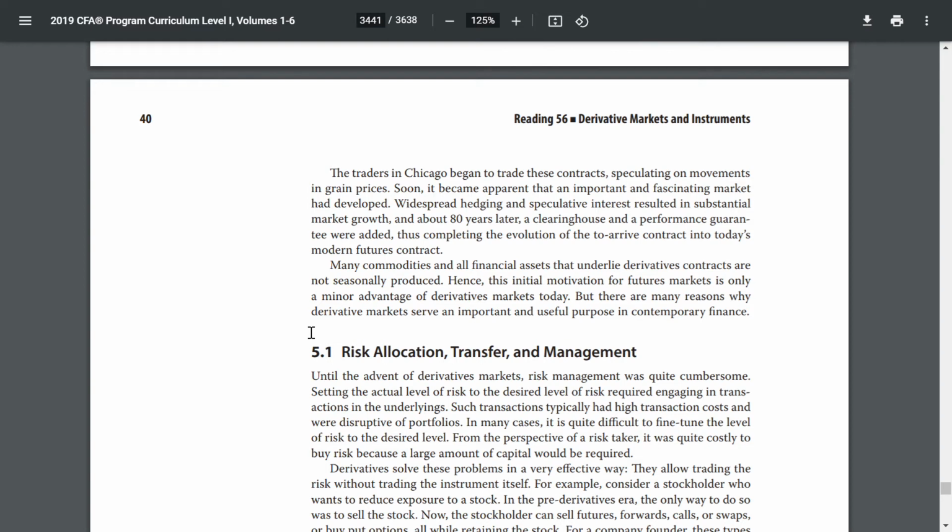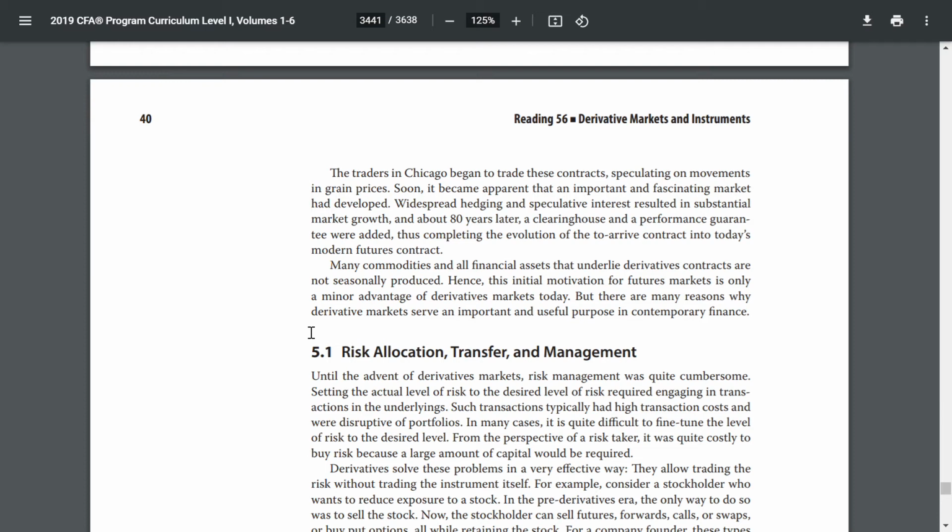Soon it became apparent that an important and fascinating market had developed. Widespread hedging and speculative interest resulted in substantial market growth. About 80 years later, the clearinghouse and the performance guarantees were added, thus completing the evolution of the contracts into today's modern futures contracts.